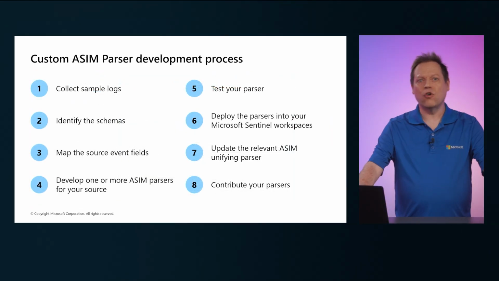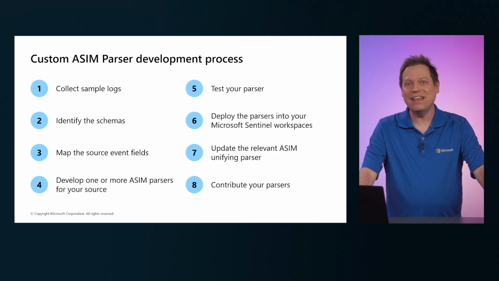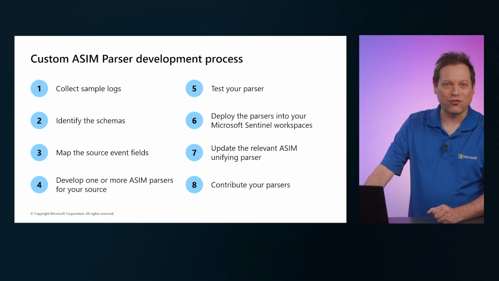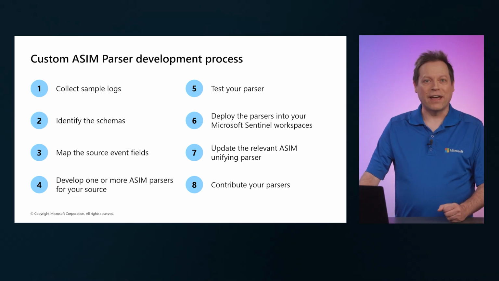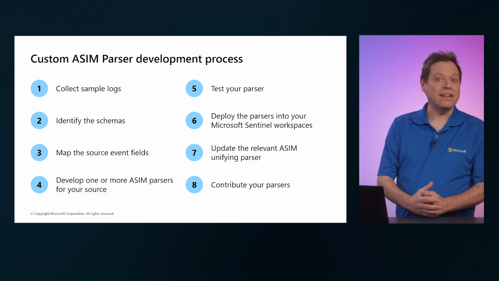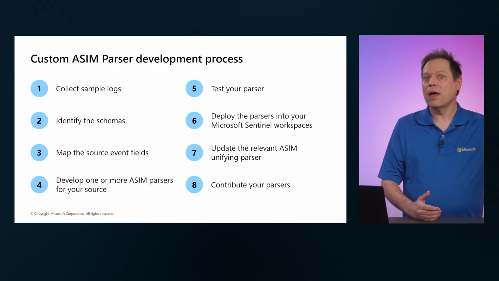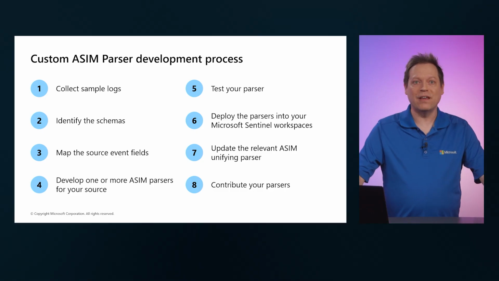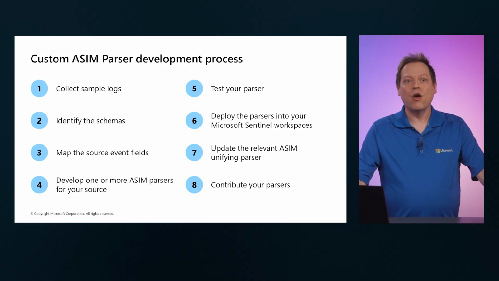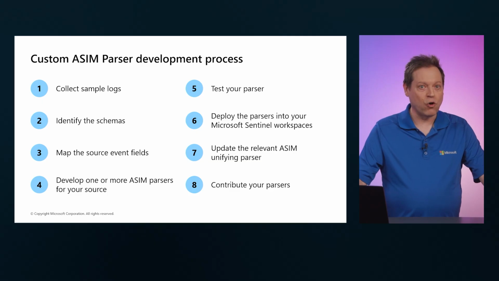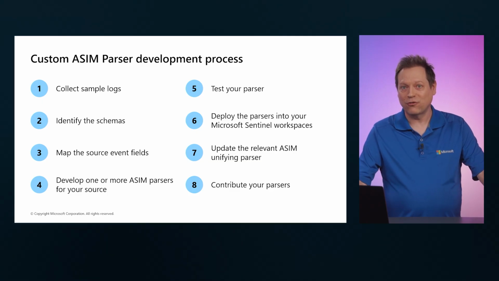If you need to normalize a data source that isn't already covered, you can build a custom ASIM parser. The process is structured. Start by collecting sample logs, then identify which ASIM schema applies. Next, map your source event fields to the schema fields. From there, develop one or more ASIM parsers for that source.